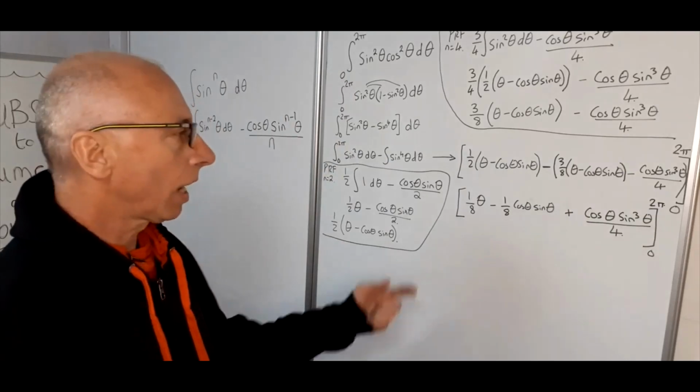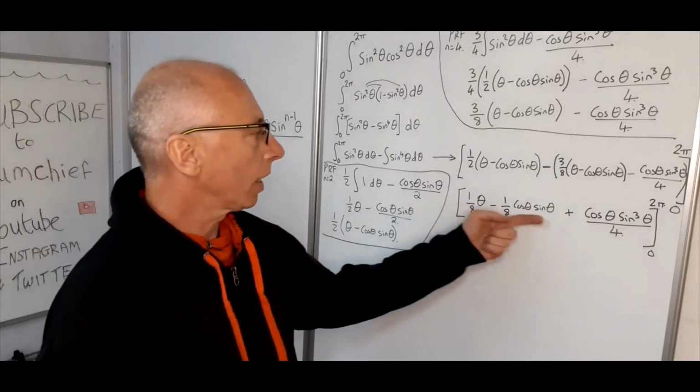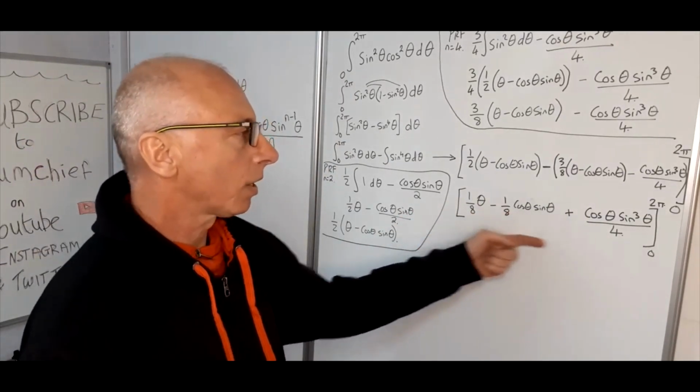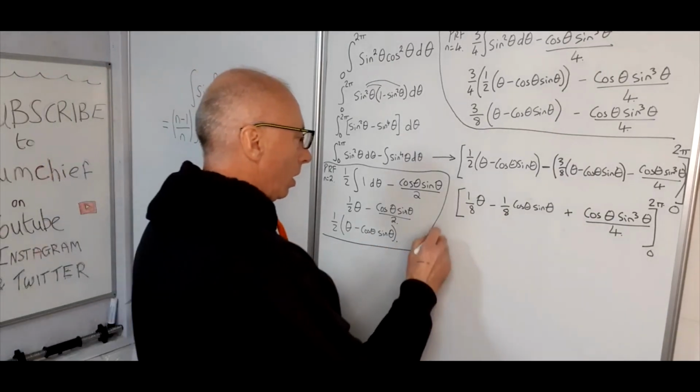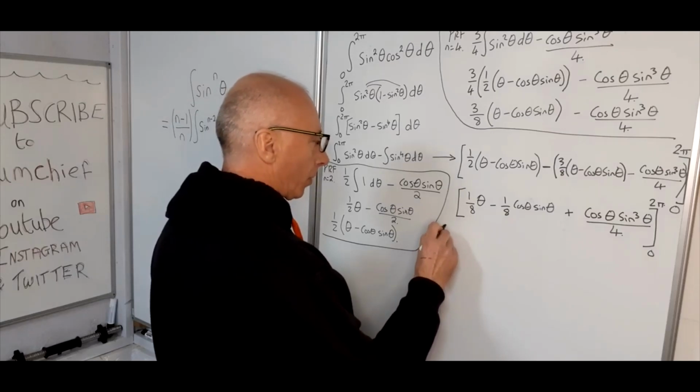Okay, so now all we need to do is plug in 2 pi for all the thetas, and then plug in 0 for all the thetas, and subtract the two.